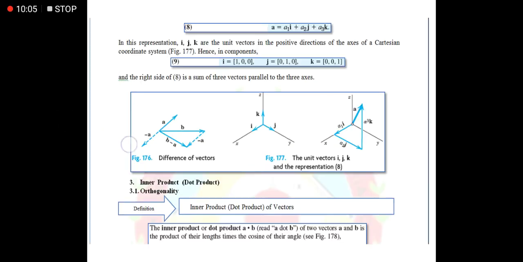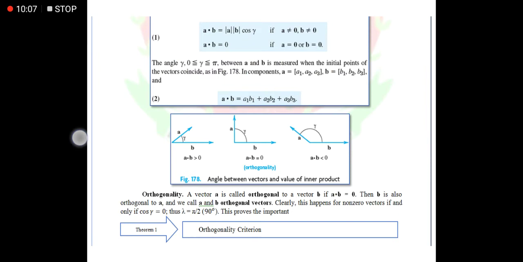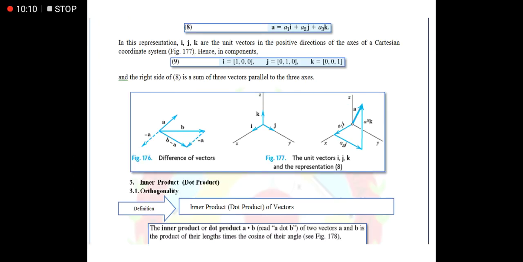Okay? So, definition, dot product, no? In our dot product, if we have two vectors, and they are in some direction at some starting point, they have different directions at some starting point. We can find their dot product or inner product by using this formula.